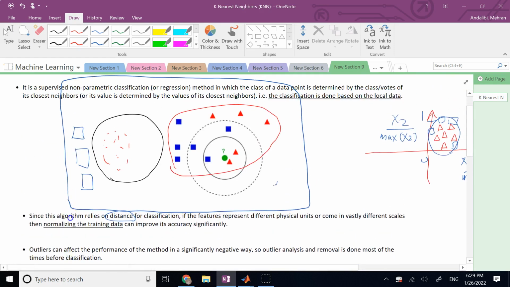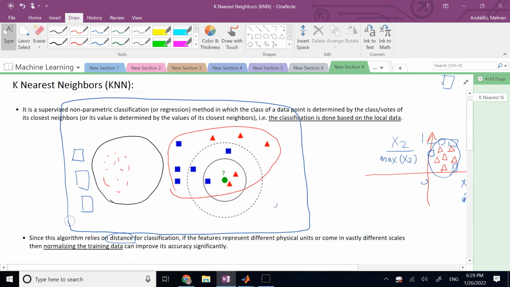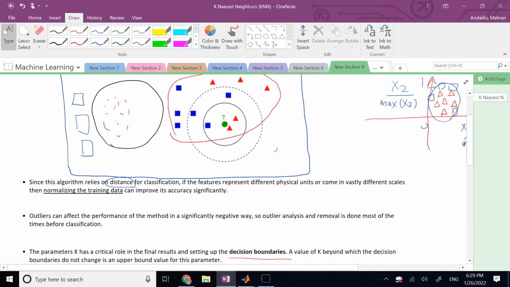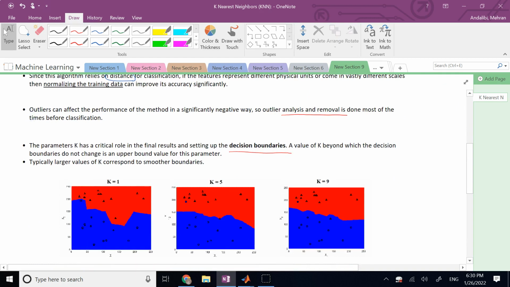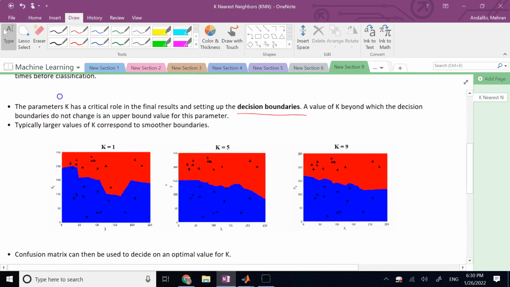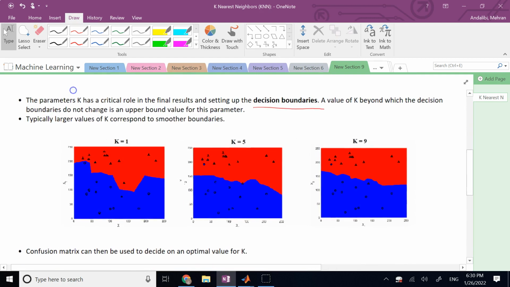So one of the things that they typically do with KNN is first they do an outlier analysis and outlier removal. They try to get rid of the outliers if they can, so that the boundaries are more robust to and more revealing of the actual classes.